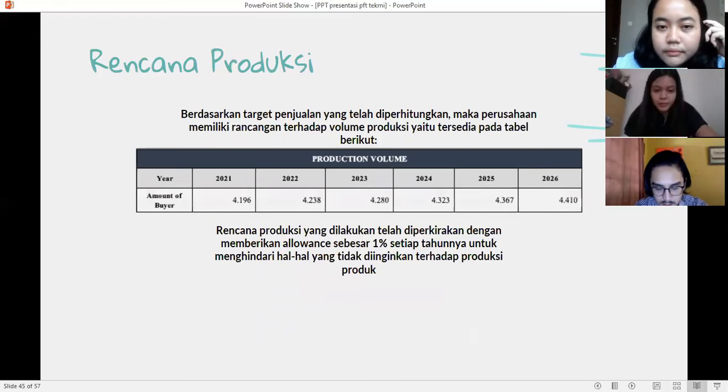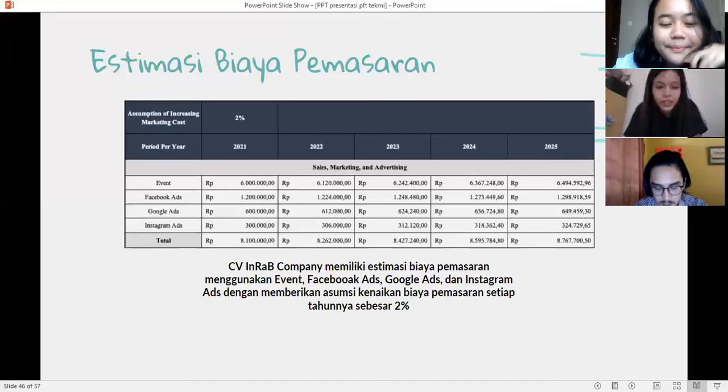Next, and production volume. Next, after that, marketing cost estimation using events, Facebook ads, Google ads, and Instagram ads. Every year, we assume that the marketing cost increases 40%.